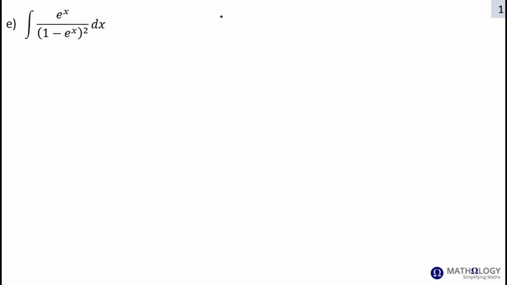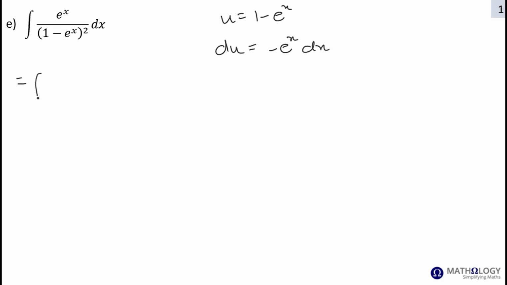Okay, here we are going to let u equal 1 minus e to the x. The derivative du with respect to x: so du equals minus e to the x dx.